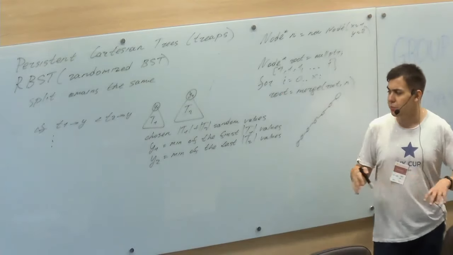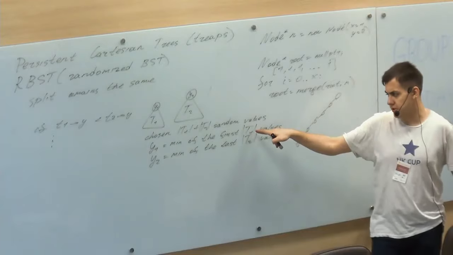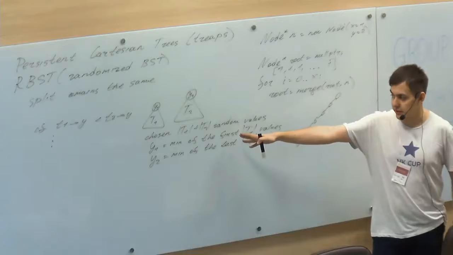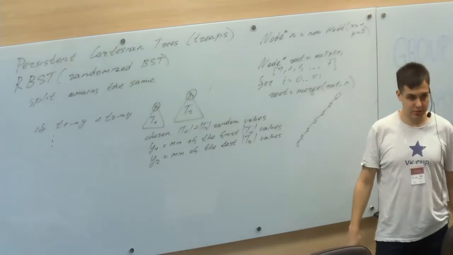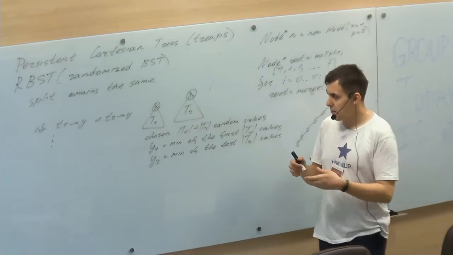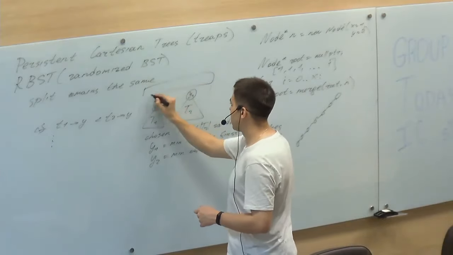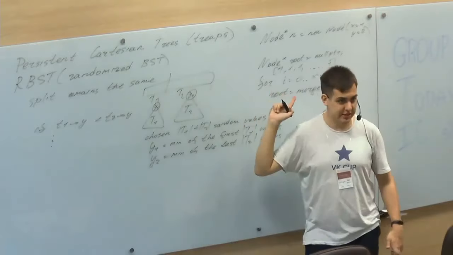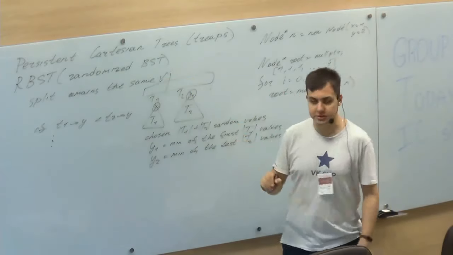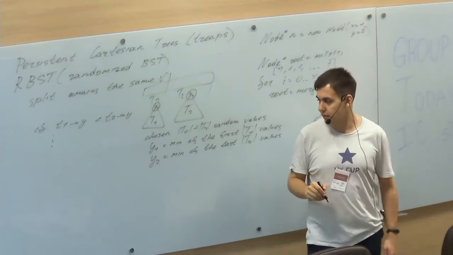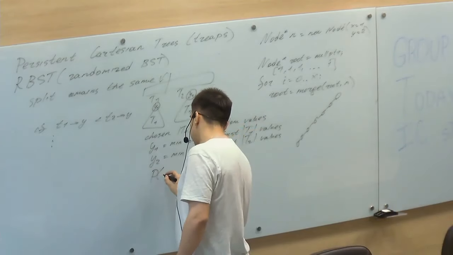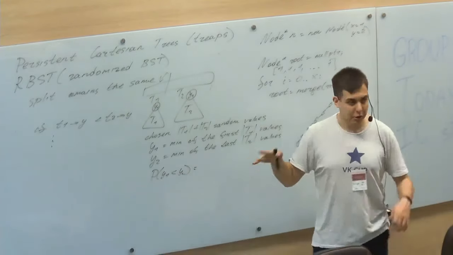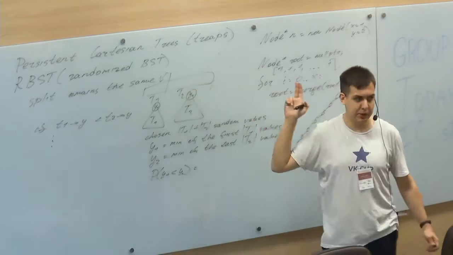We would like to compare the minimum of the first T1 and of the last T2 values. What's the probability that y1 is less than y2? This means that the global minimum among all these T1 plus T2 values is in the first part. So the probability that y1 is less than y2 is the same as the global minimum being among the first T1 values.